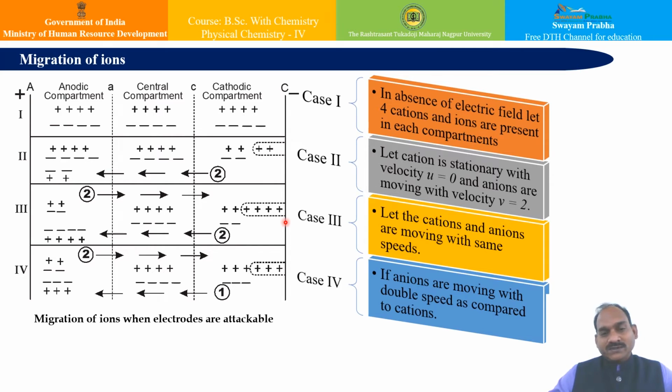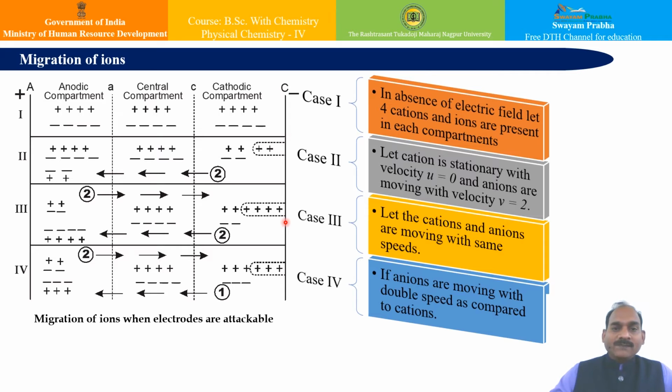Then the third case was cations and anions moving with the same speed. And then in the fourth case we have kept that anions are moving with double speed than cations. Then we have seen their movement, and we have seen that the central compartment concentration remains the same, and the ions get discharged at the respective electrodes.